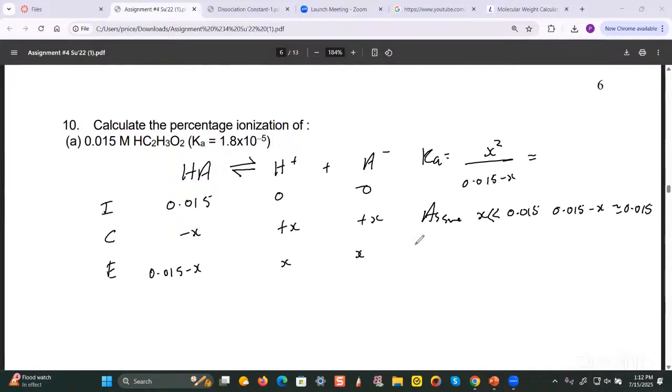So therefore, this simplifies Ka to be equal to X squared over 0.015, which means that X is equal to Ka times 0.015. And Ka, of course, is 1.8 times 10 to the minus 5, which is given up here, multiplied by 0.015. So let me do that calculation.